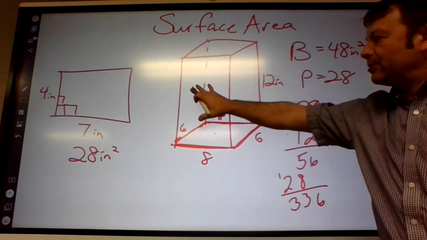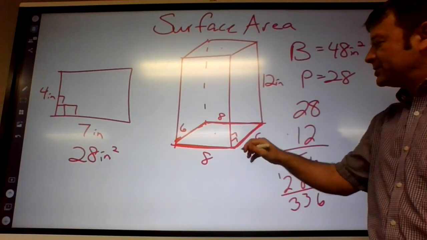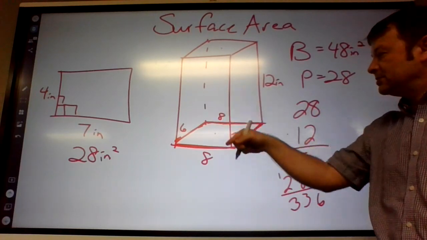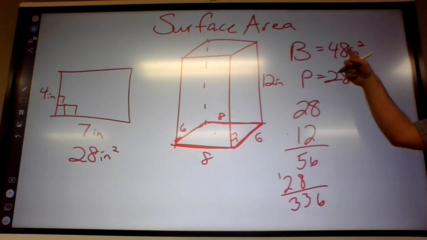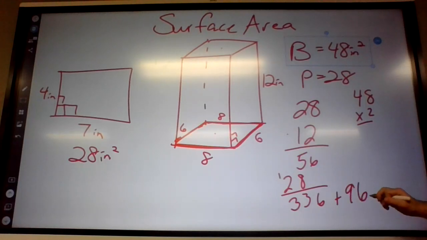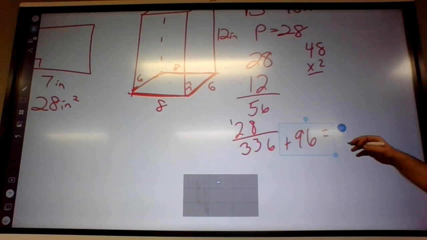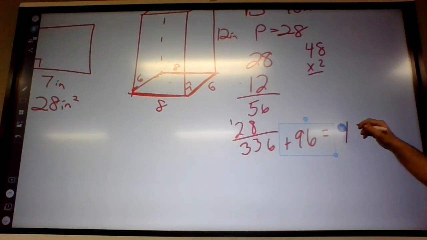That would be the lateral area. That's how many square inches fit on the lateral surface. Okay, but we also have the two base areas. So 48 times 2, 96, and you add those together, and that would give you the total. What does that come out to? 432.